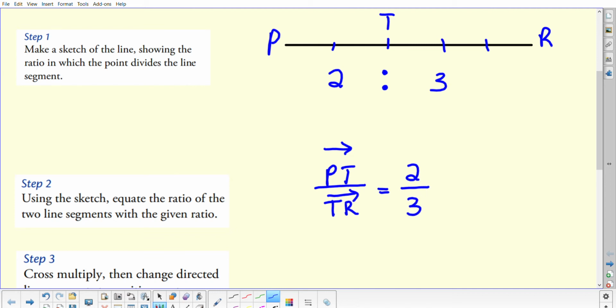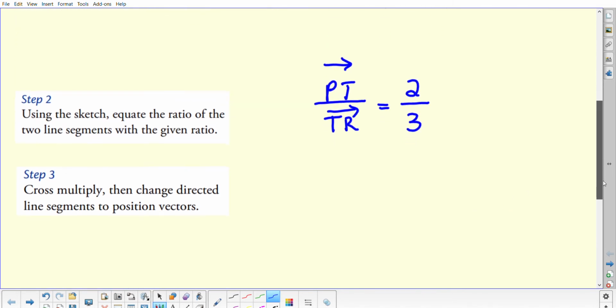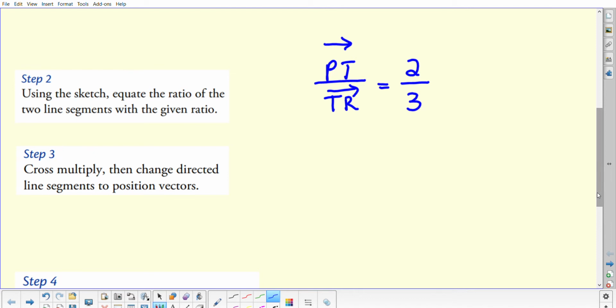That's what the second step is about. Once you've got to that step, it's then saying cross multiply, then change the directed line segments to position vectors.